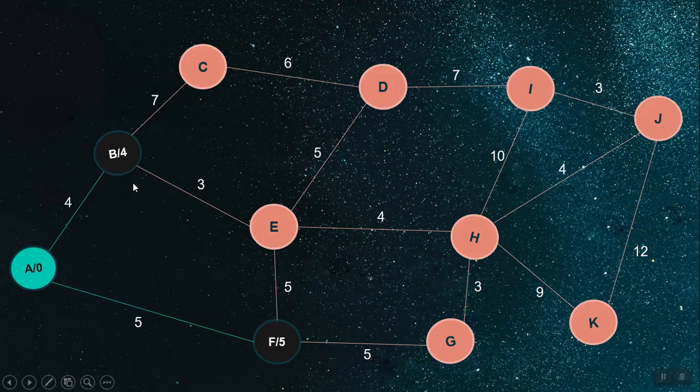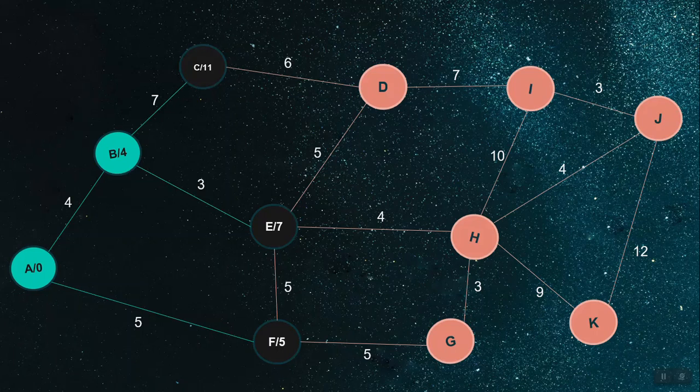B has 4, F is 5, so we go to B. Next, from B we have 4, and then we take this path to C, so we'll have 11, and B to E will have 7. So with 11, 7, and 5, which among these three has the lowest path cost? It's 5, so we're going to explore F next.